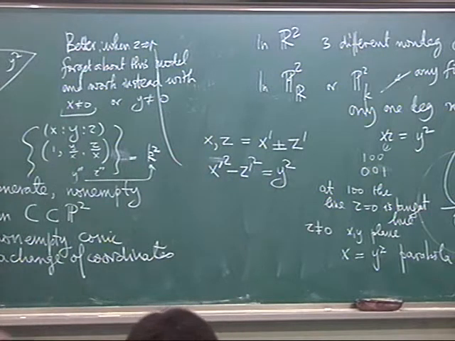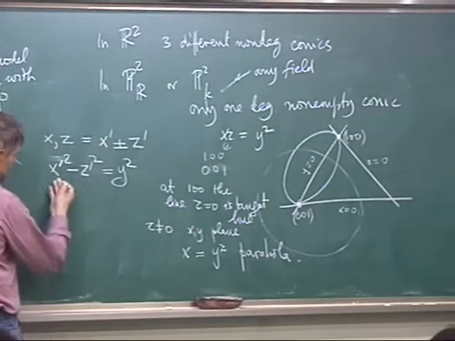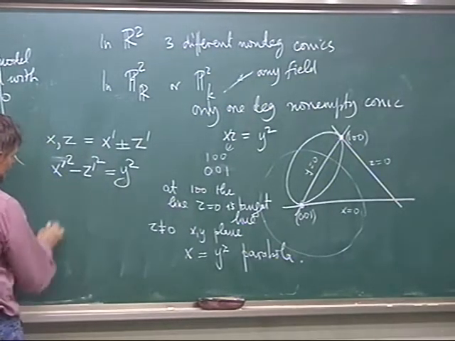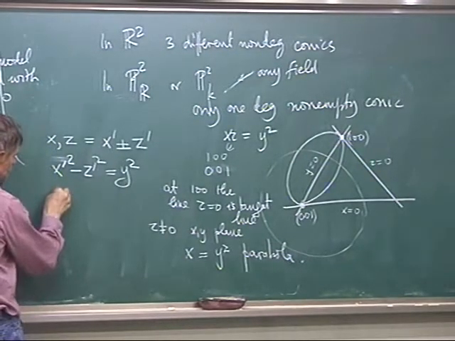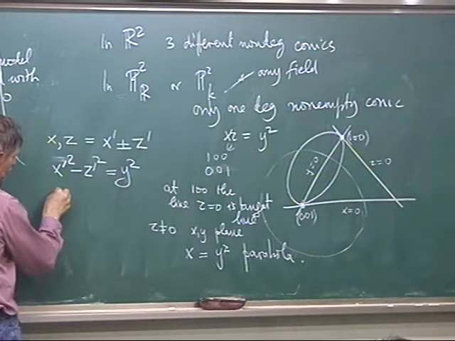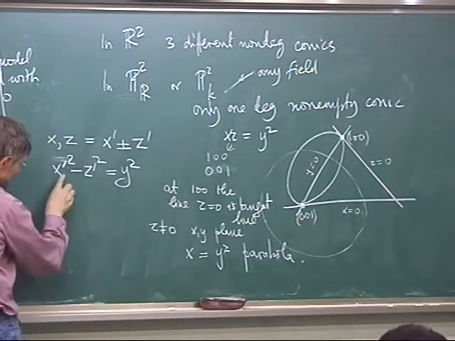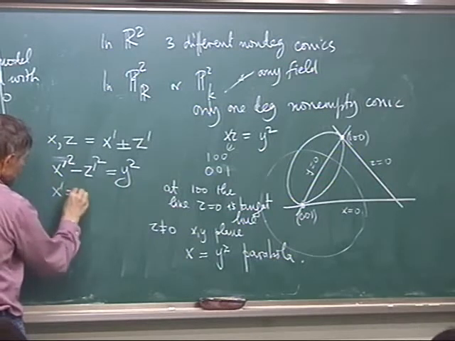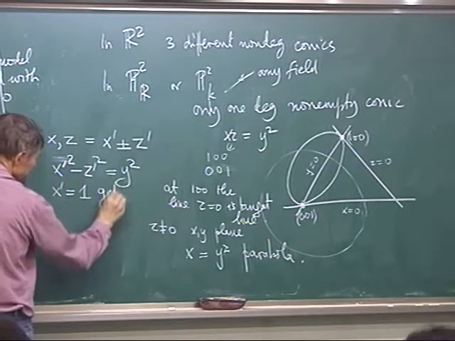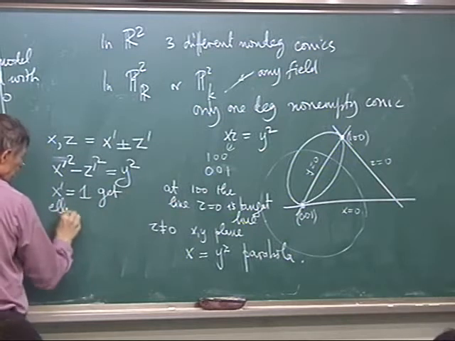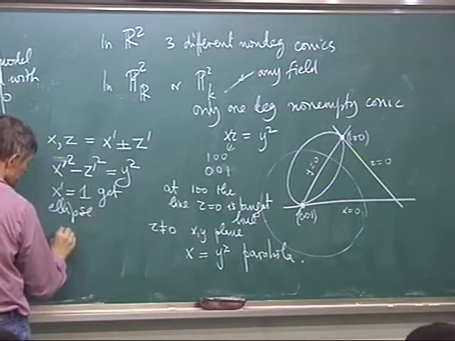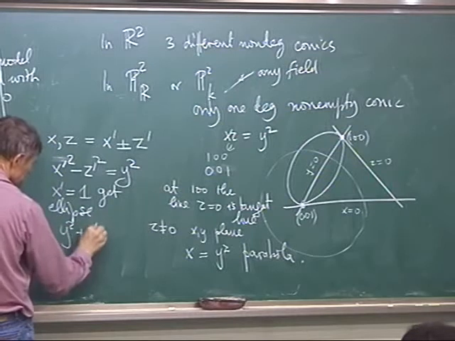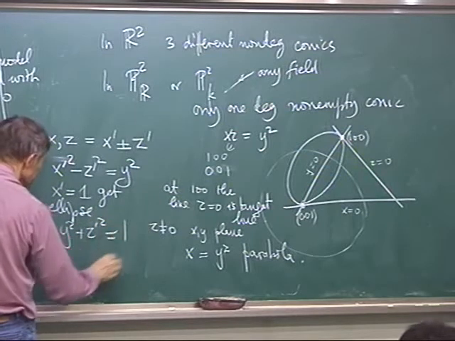Which one am I going to set equal to 0? If I take this equation and set x primed equals 1, I get the ellipse y squared plus z primed squared equals 1.